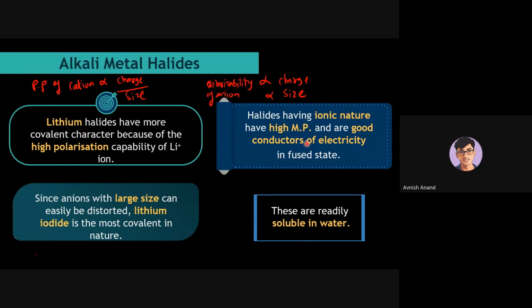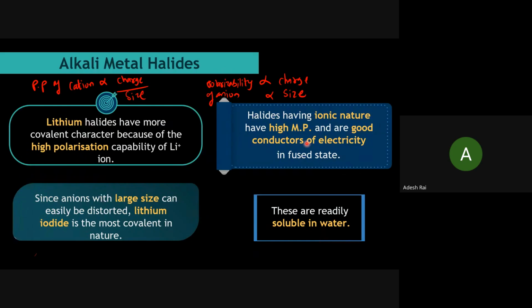In chemical bonding, you would have studied that solubility is a competing power between lattice enthalpy and hydration enthalpy. Solubility is nothing but the competing nature between lattice energy and hydration energy.